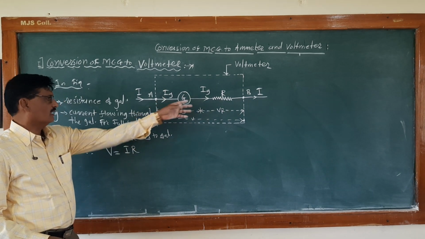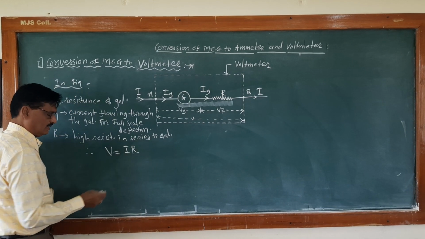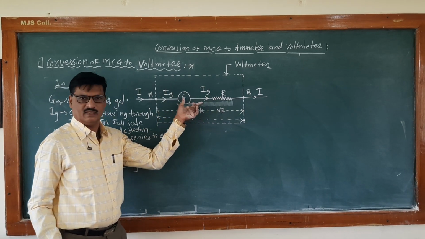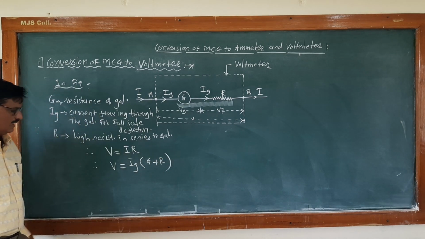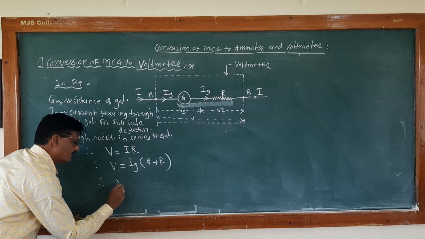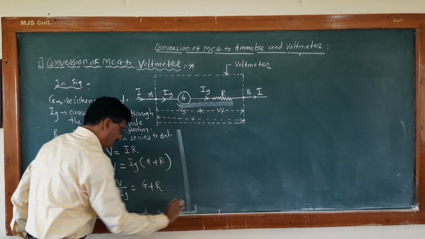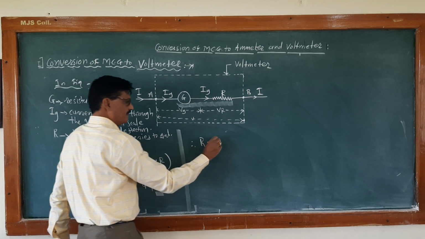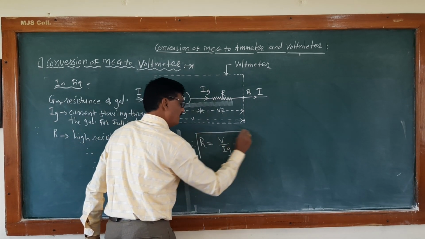The galvanometer and resistor are connected in series, therefore the current across them is the same, so V is equal to Ig, that is the current, multiplied by the total resistance. Since a number of resistances are connected in series, they add to each other, therefore G plus R. If we rearrange these terms, V divided by Ig is equal to G plus R. Here we have to find the value of the high resistance R. Therefore, R is equal to V divided by Ig minus G.